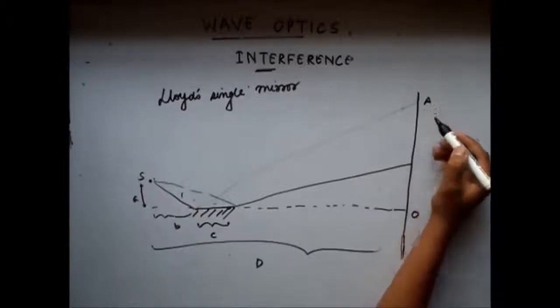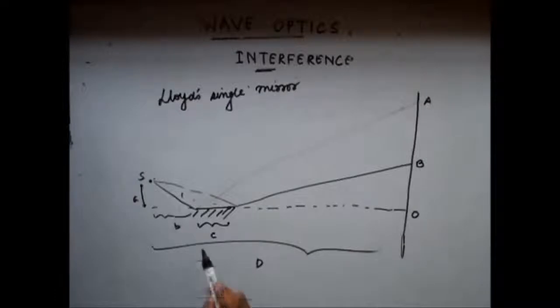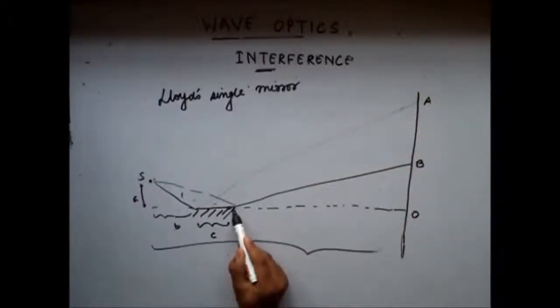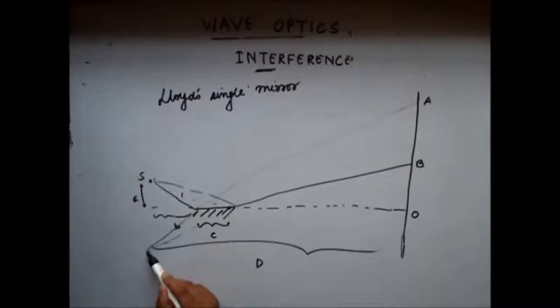Let's say this point is A, this point is B. So because of reflection, the light waves seem to come from an extended point from here. The light waves seem to come from this point S dash.